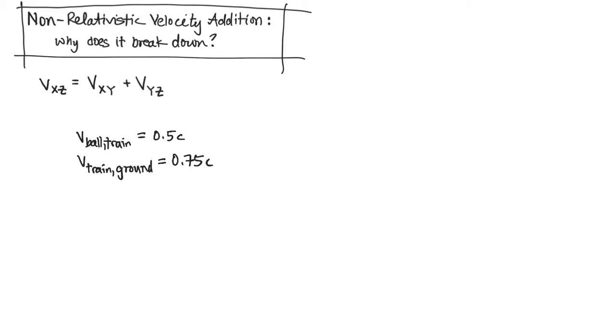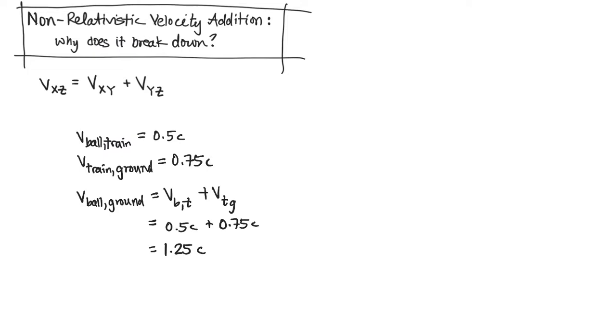According to the equation above, the velocity of the ball relative to the ground would be the sum of those two, v ball train plus v train ground, which is half c plus 3/4 c. Well, that's 1.25 times the speed of light.